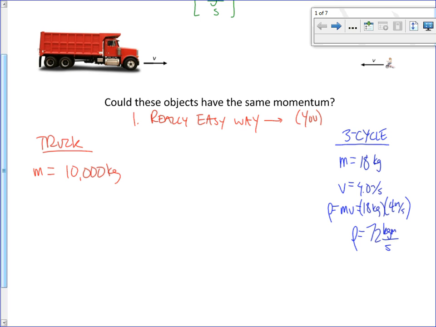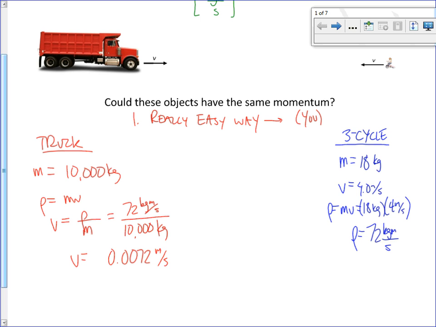So for this truck to have the same momentum as this tricycle, we'd have to find out what the velocity would have to be. We're saying it's still 72 kilogram meters per second, and with 10,000 kilograms, V would have to be 0.0072. Sorry, 0.0072.